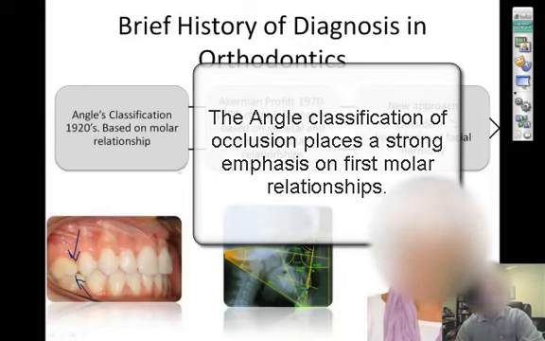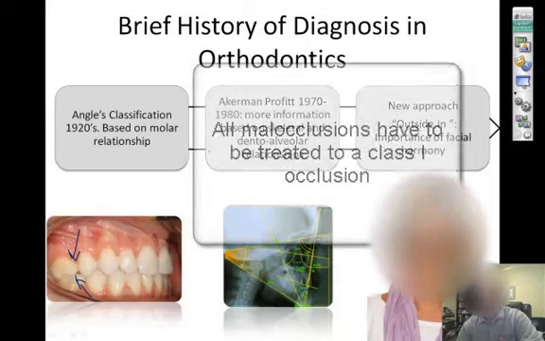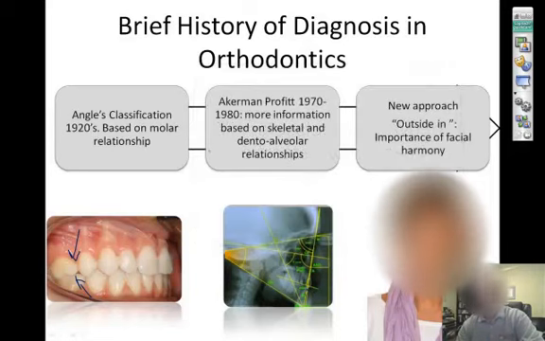This was described very well by Dr. Angle in the 1920s, where he looked at molar position and deduced that with molar position you could pretty much decide if the malocclusion needed to be treated or not, and all malocclusions had to be treated to a class 1 occlusion. That was a very interesting statement, but it was a bit incomplete. It didn't take any three-dimensional aspect of the malocclusion, or the facial appearance of patients, into consideration.